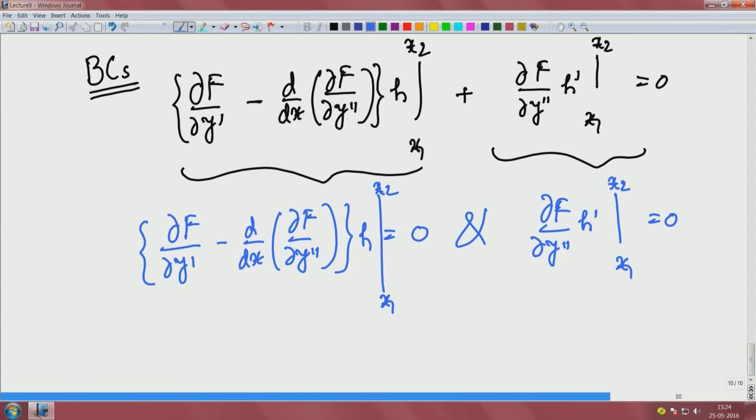Together also we will consider later, but right now let us separate out. So, we get the boundary conditions. Okay. Now, when is h 0?